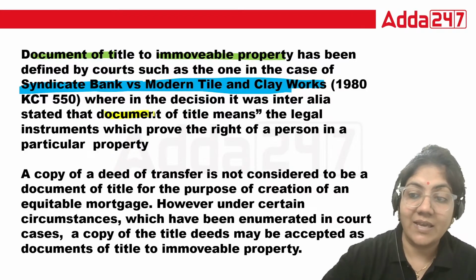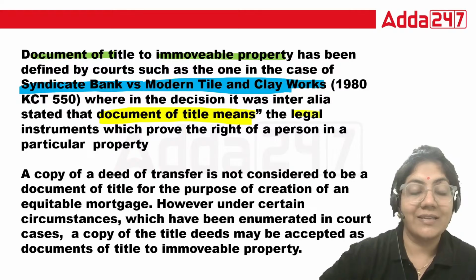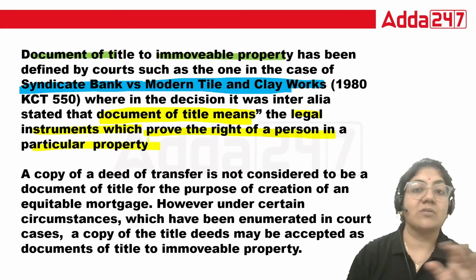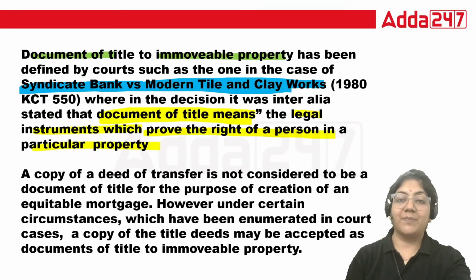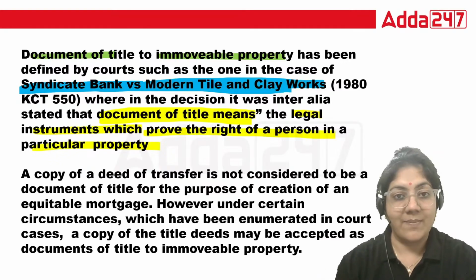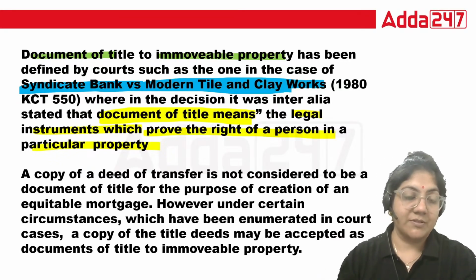So what exactly does document of title mean? Document of title is the legal instrument which proves the right of a person in a particular property. Suppose I say this is my property, my document of title will say that yes, Nikkita ma'am is the real owner of this property.